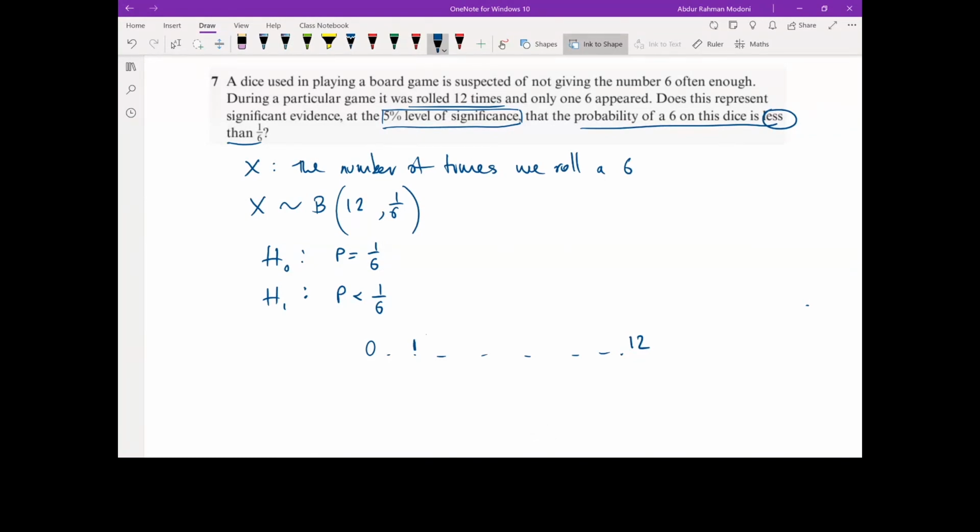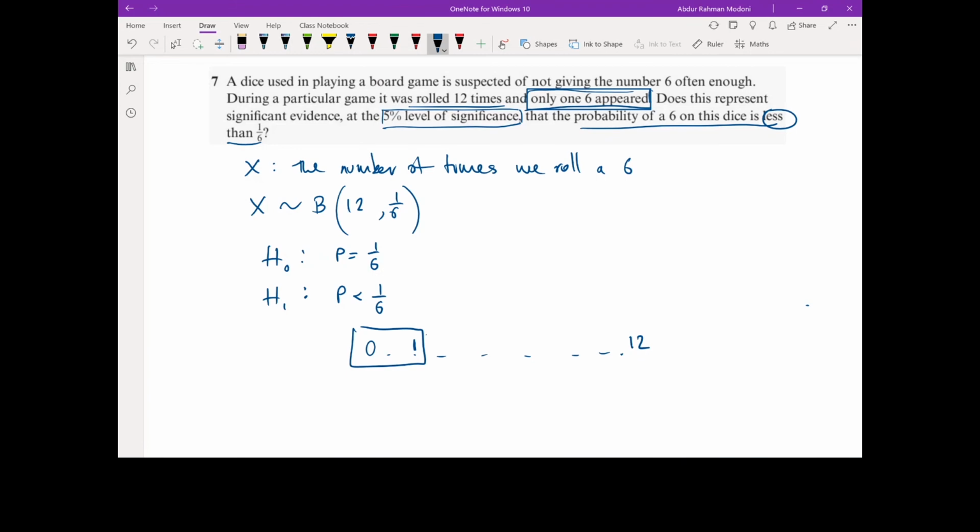Now we're looking at the lower end because we're interested in the probability of it being less than 1/6, so we're looking at 0 to 1. Why up to 1? Because the 6 only appeared once. If it appeared 3 times, we would be looking at 0 to 3, for instance. So it really depends on what we are looking at.